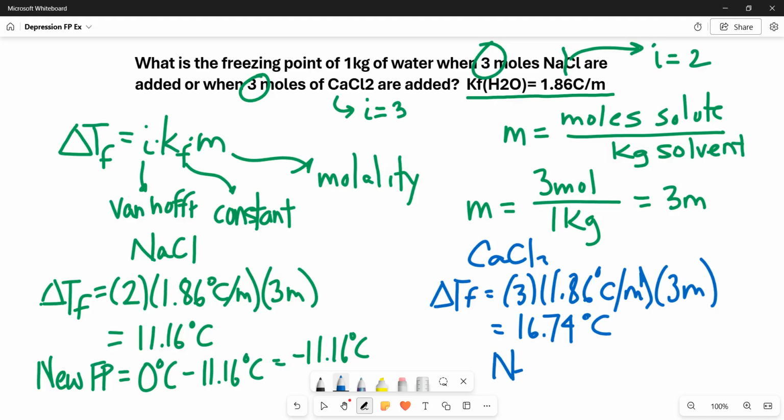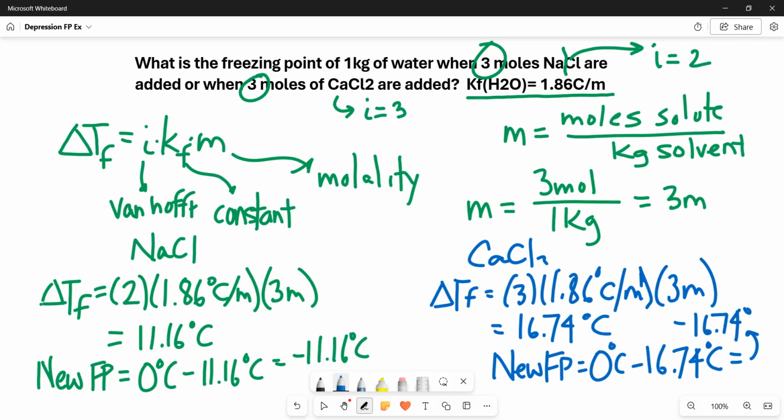So the new freezing point of this solution is going to be the normal 0 degrees Celsius minus 16.74 degrees Celsius, which is going to give us a new freezing point of negative 16.74 degrees Celsius. So then what is the freezing point? The answer is this answer and this answer right here for each of the solutions respectively.